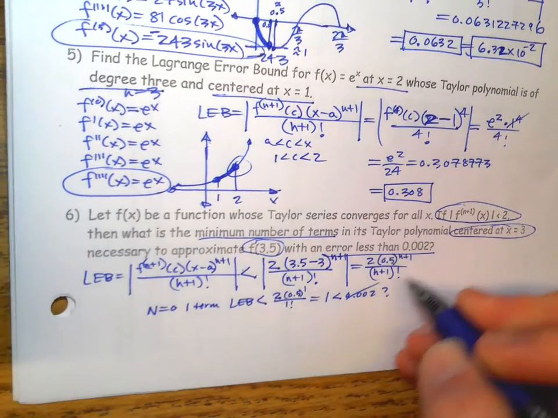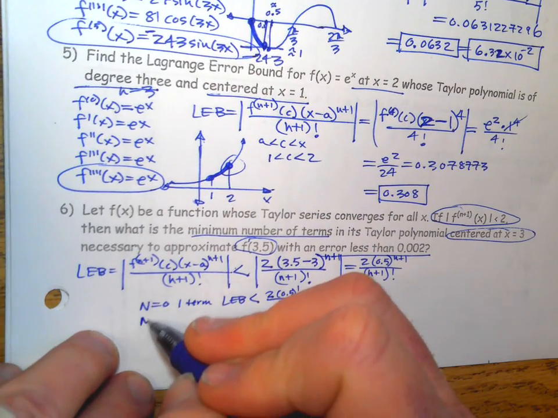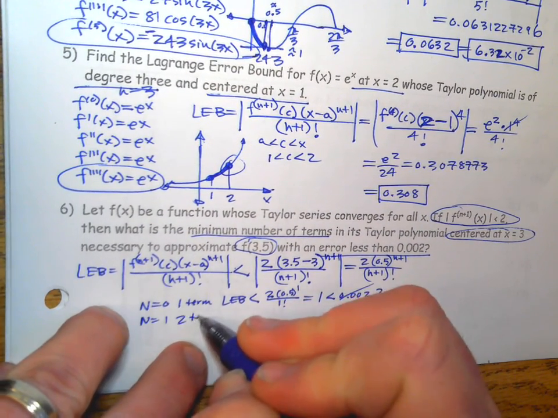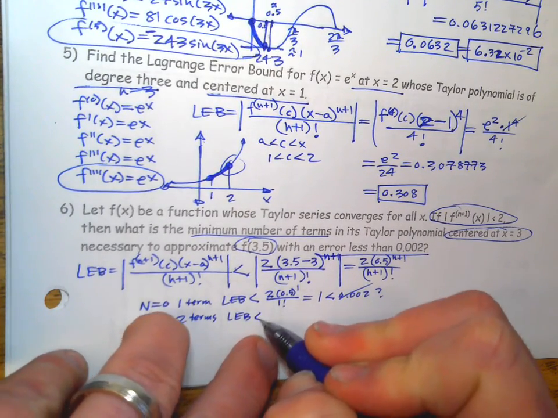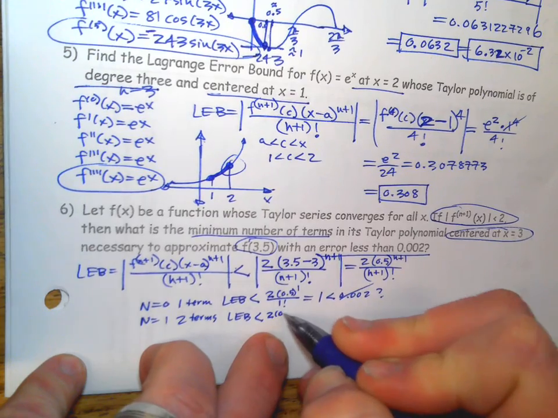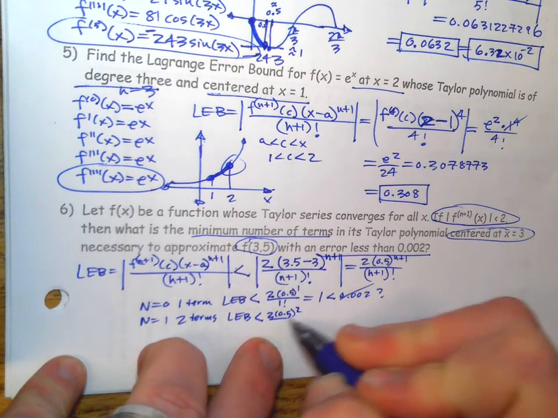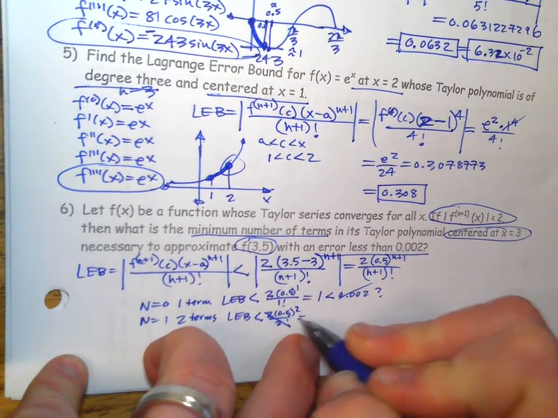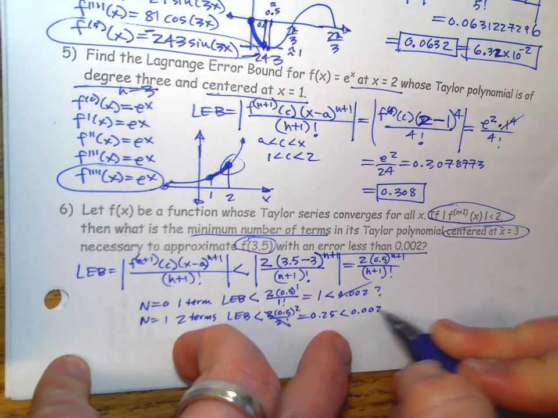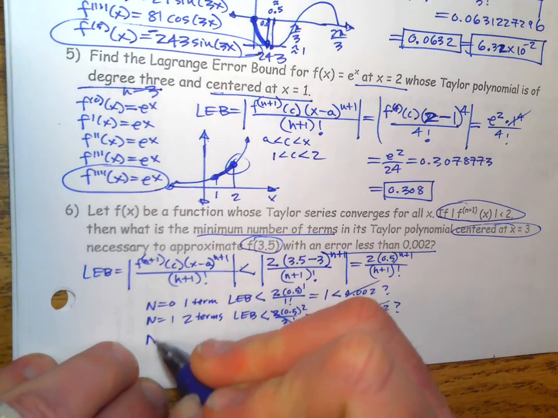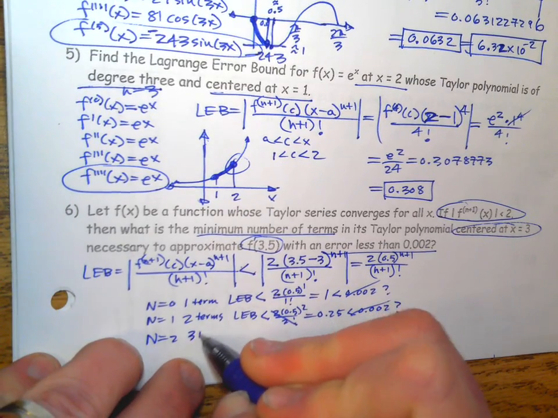No. So we'll go to the next one, n equals 1, which would be 2 terms. And L.E.B is less than 2 times 0.5 squared over 2 factorial, which is going to be 0.25. Is that less than 0.002? Nope. So we keep going. N equals 2, which is 3 terms.